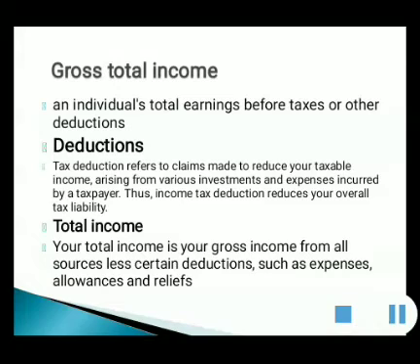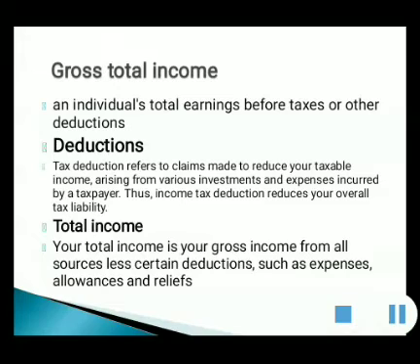And what is total income? Hope you got deductions. If we have a deduction of 10 rupees, and after deducting that amount from gross total income, we will get the total income.